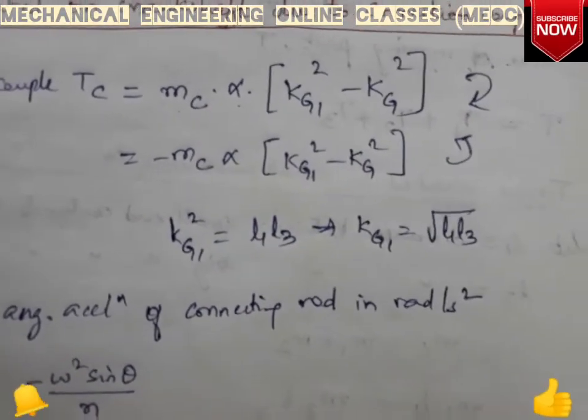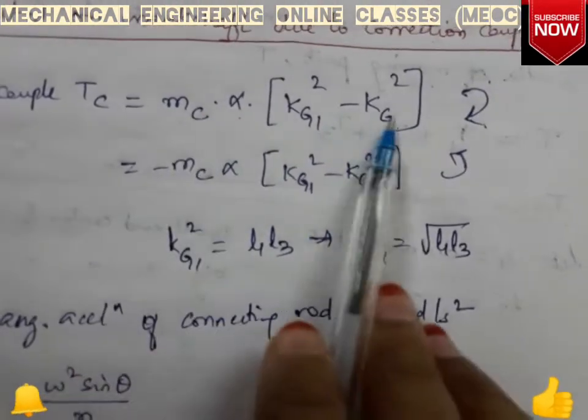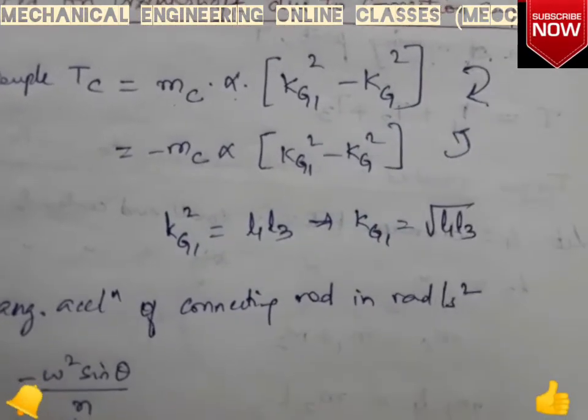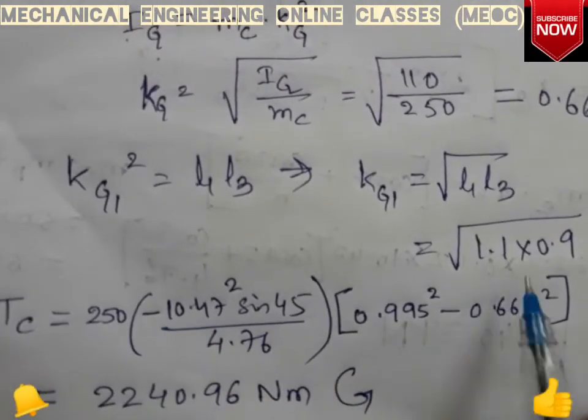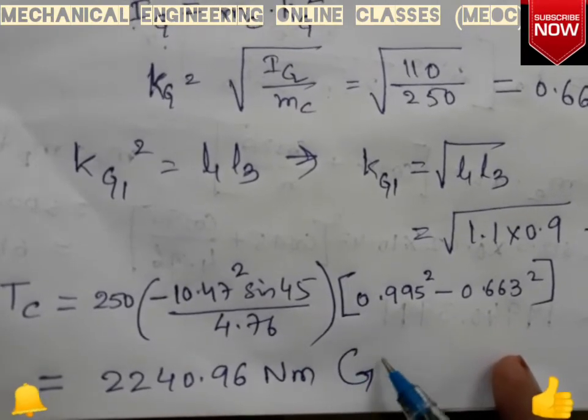When you get an answer in negative value, it is not clockwise, it is in anti-clockwise direction. So we get a minus answer only, and that's the reason we have taken it in counterclockwise.